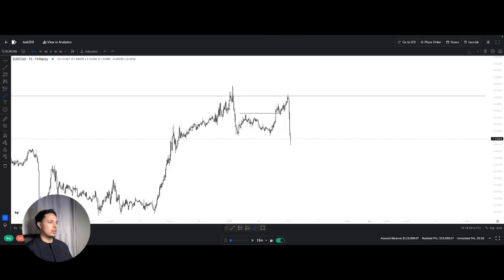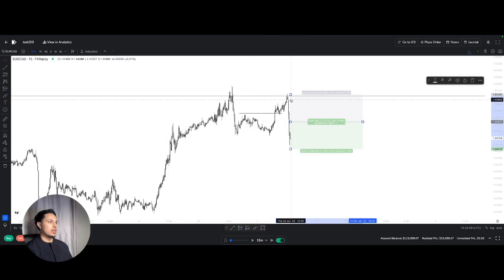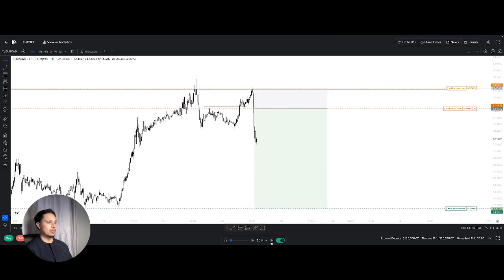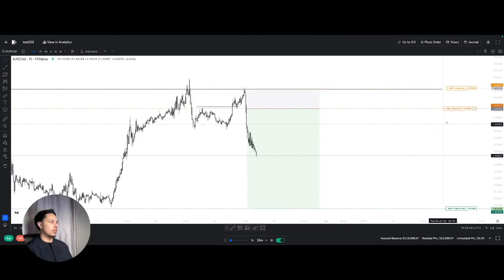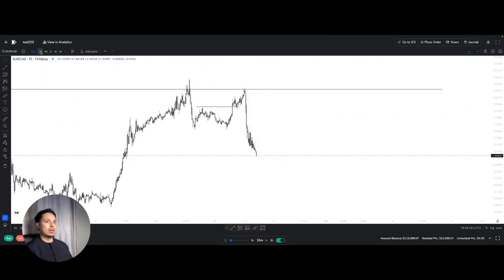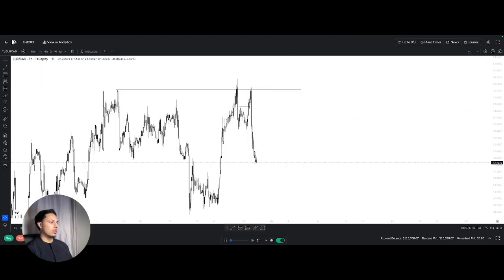So let's see. So where's our 30 pip? 30 pip is up here. Unless price taps this limit order, and we've explained why we moved the entries up higher. Price doesn't offer us anything, so we move on to the next day. Fortunately, we're gonna miss out. We're missing out on a lot of this move.